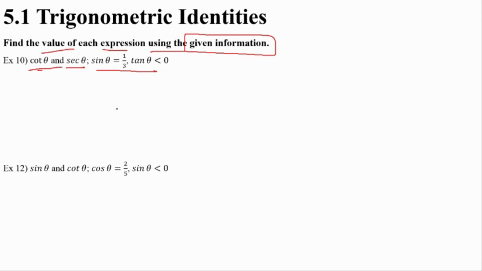We should find out which quadrant they're talking about. Sine is positive, tangent is negative. Which quadrant? That will be quadrant 2.